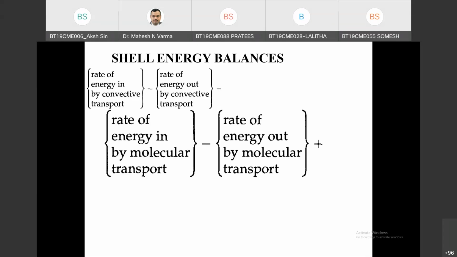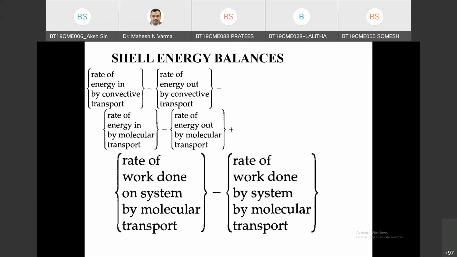This will be conduction: the rate of heat coming in by conduction, minus the rate of heat going out by conduction. And third, here also you have molecular transport, and the physical meaning of this molecular transport is conduction at the molecular level.